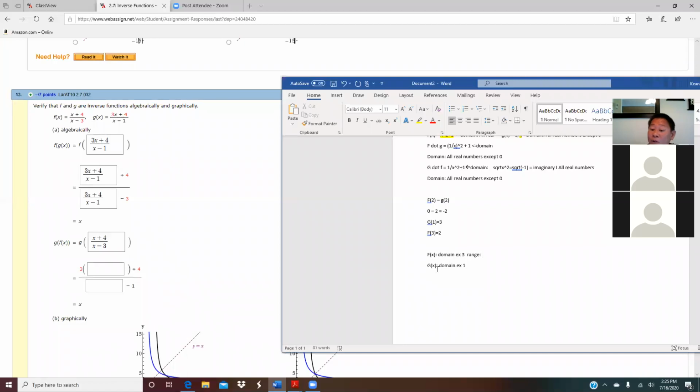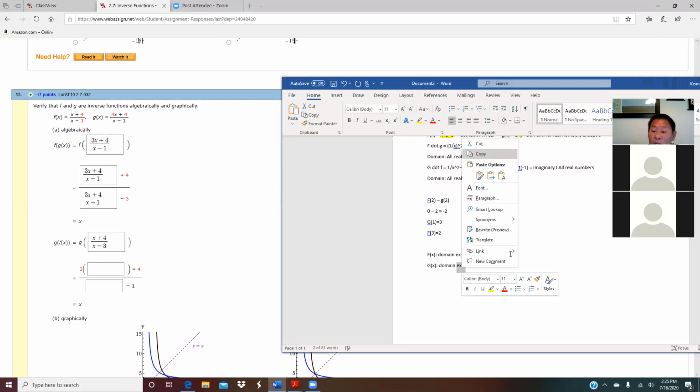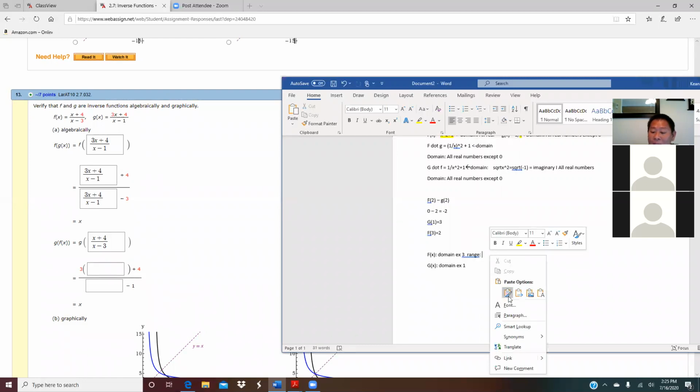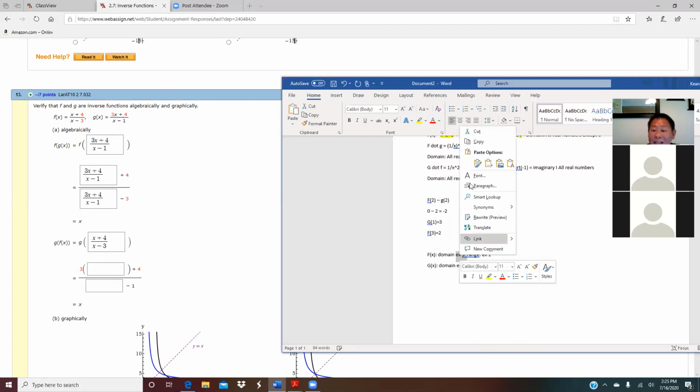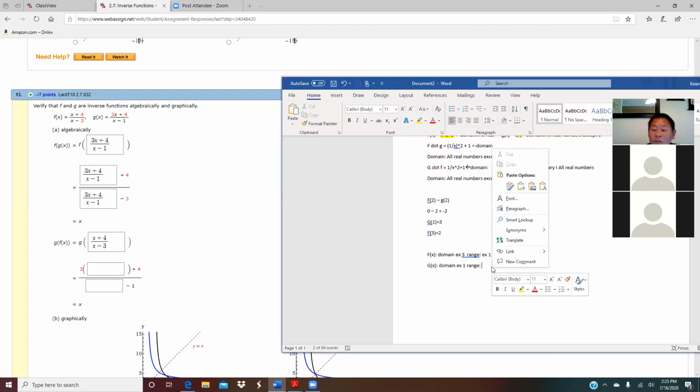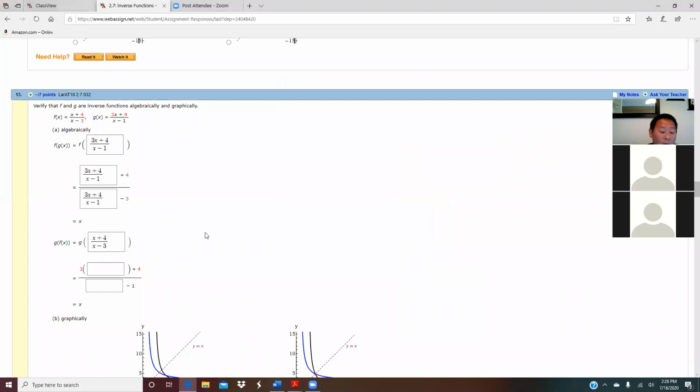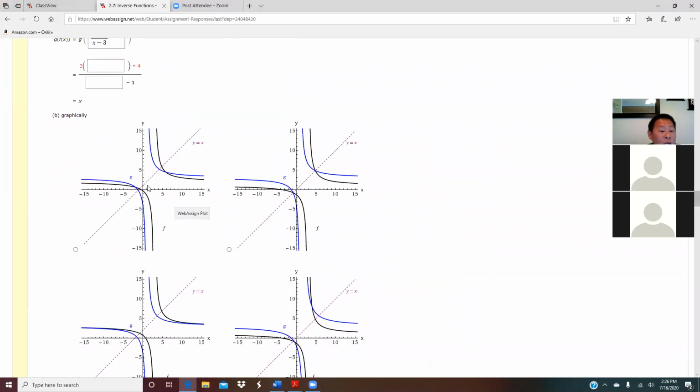The domain of your g of x. So in this case, the range will be all real numbers except 1. And what is the range for your g of x? It is all real numbers except 3. So now you can look at your range.